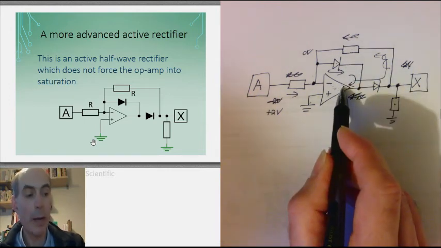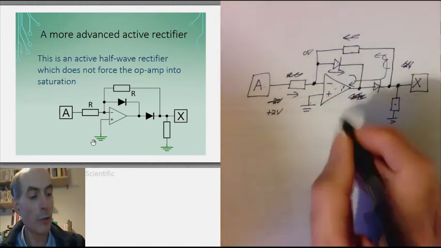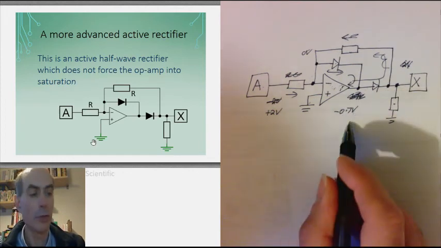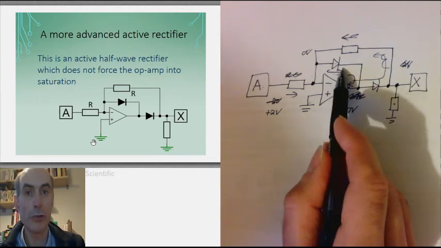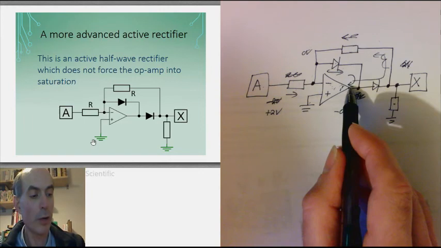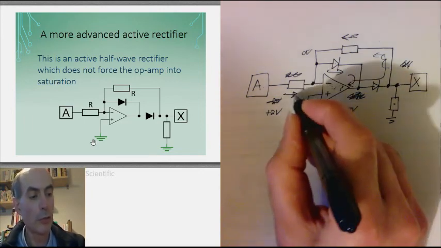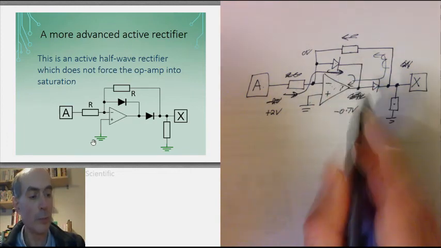The output of the op-amp here would be around -0.7 volts at this point. That's one voltage drop across the diode. That's all that is required to get this current coming through the input resistor to flow round through this diode.